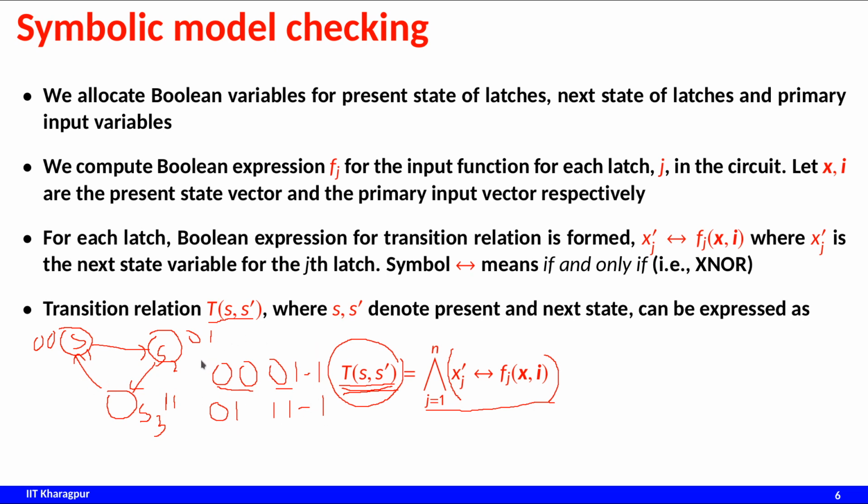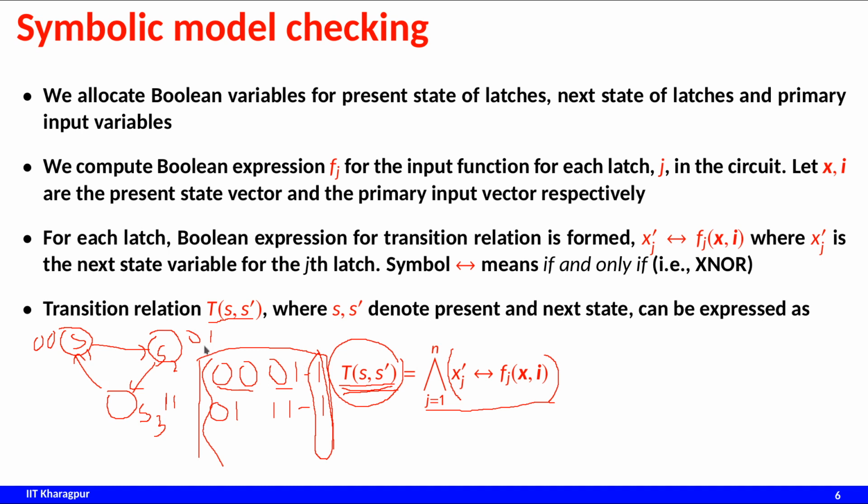Now if you look at this table, it is nothing but a truth table, and I can construct a Boolean function or Boolean formula that will produce 1 as an output when these conditions are satisfied.